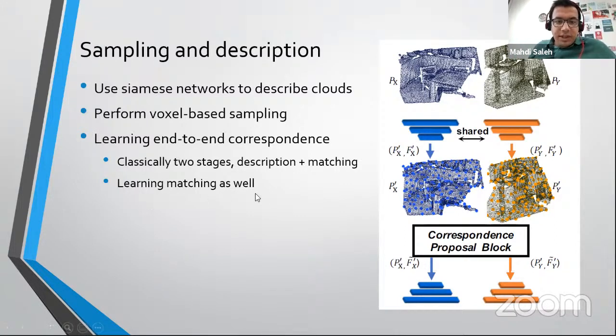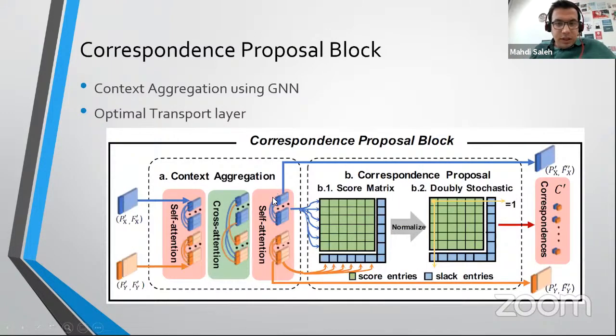Here we want to learn matching as well. So the correspondence means that we want to supervise on correspondence rather than on the descriptor. How this is done is the correspondence proposal. You start with some points and some associated features. And we have two main functions here. One is context aggregation using graph neural networks, and one is the optimal transport layer.